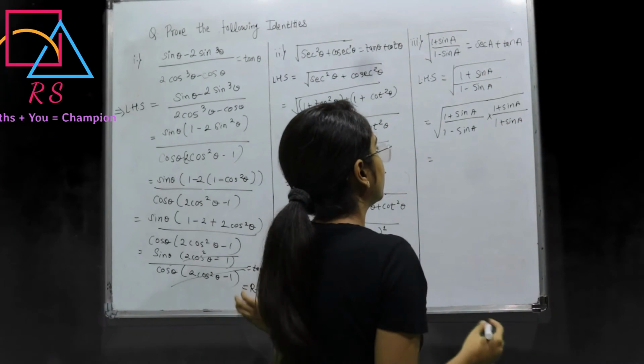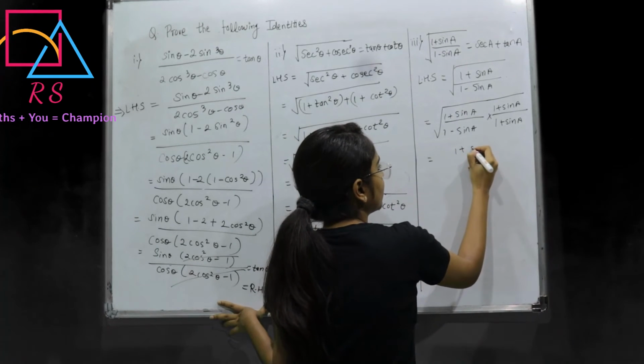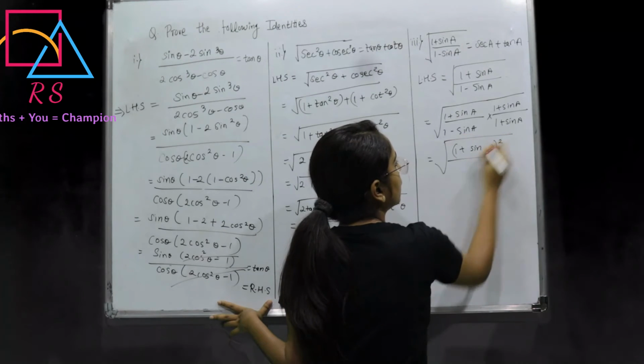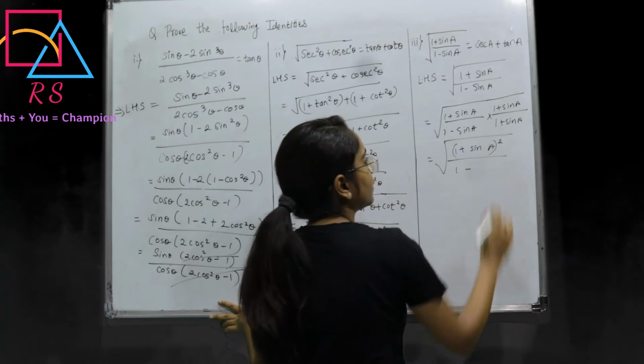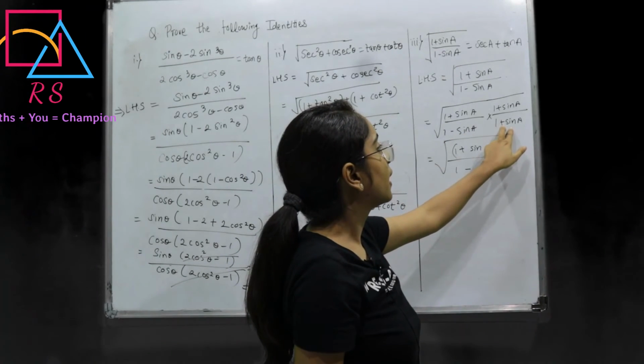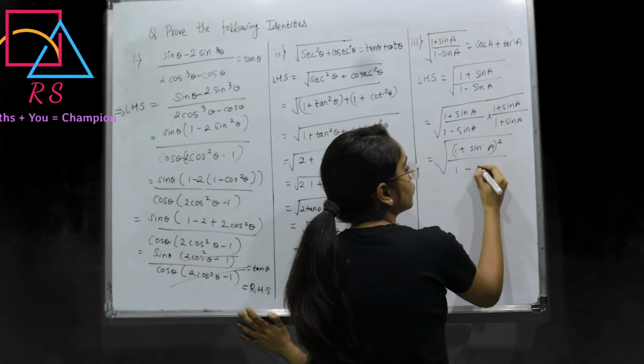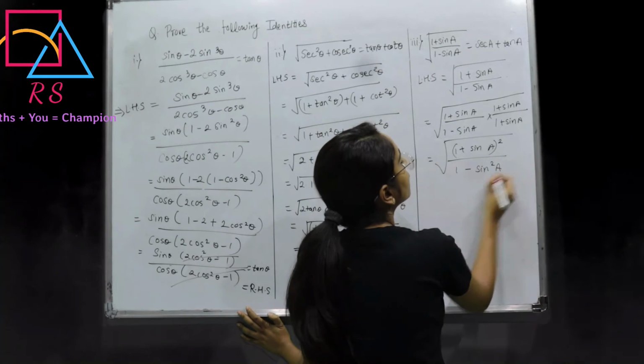You will see here as (1 plus sin a) whole square upon (1 minus sin a) into (1 plus sin a), which is the a square minus b square formula, (a plus b)(a minus b), so 1 minus sin square a.